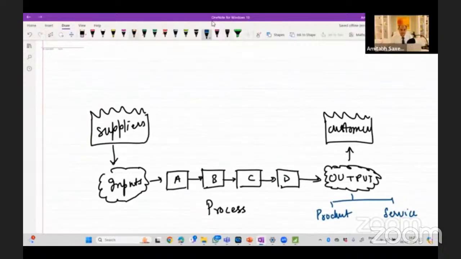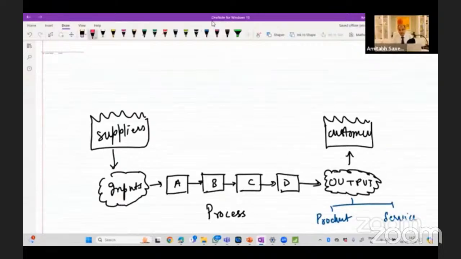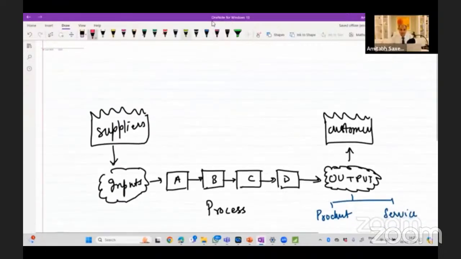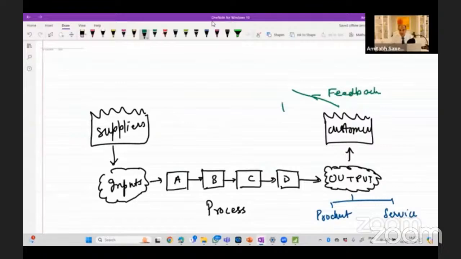And then the customer will give you the feedback. And also you will predict the demand of the customers for your services or products.